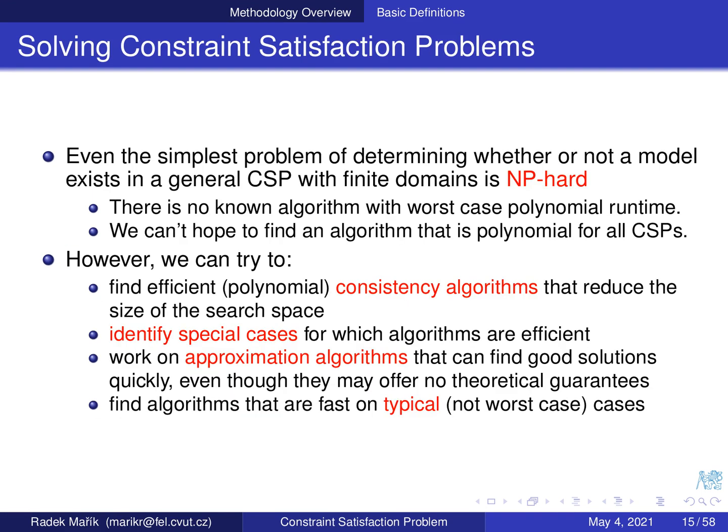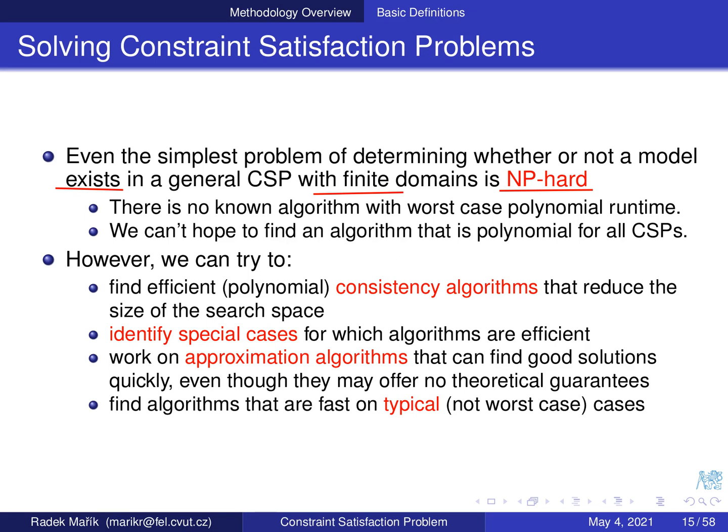It can be shown that even the simplest problem of determining whether or not a model exists, the first question in a general CSP with a finite domain, is NP-hard. In other words, there is no known algorithm with worst-case polynomial runtime.